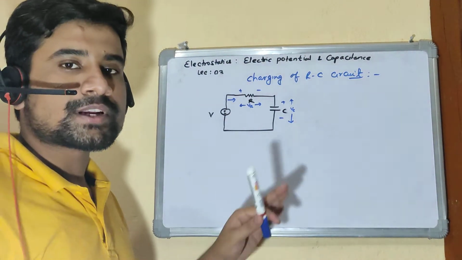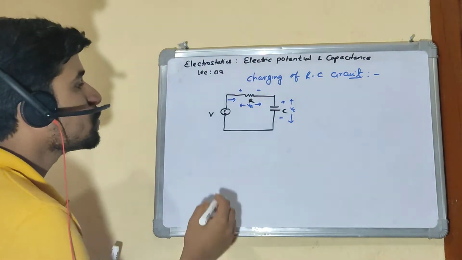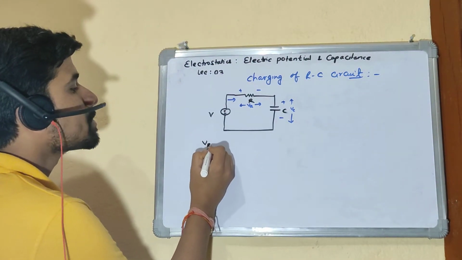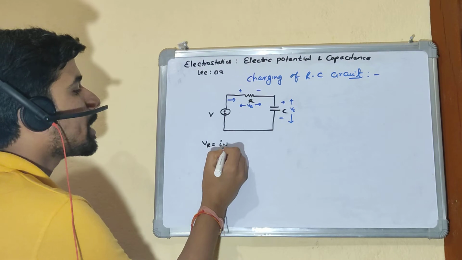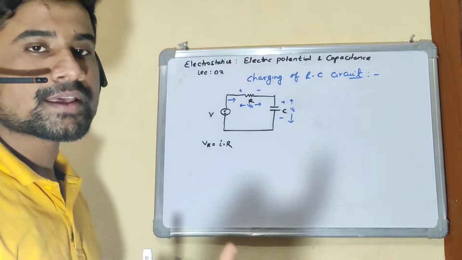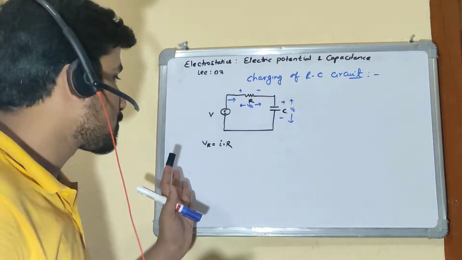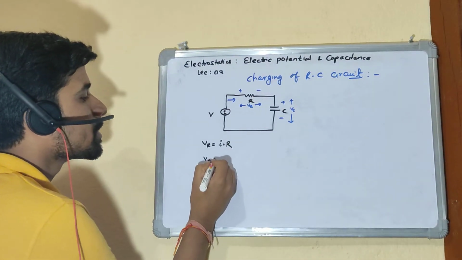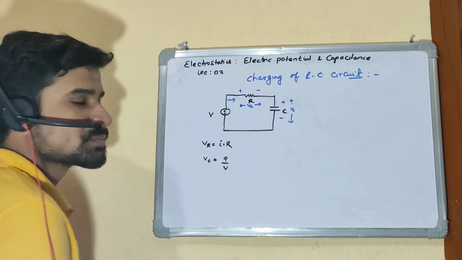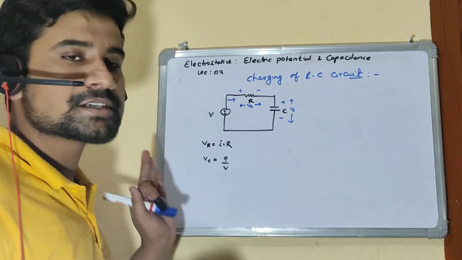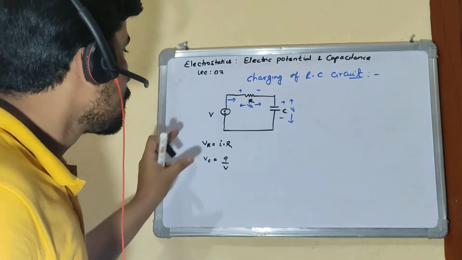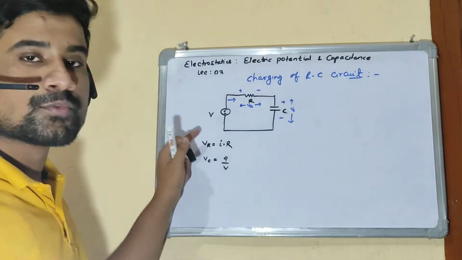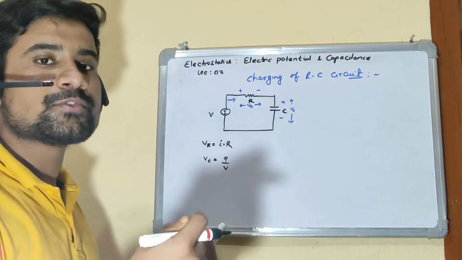Now let's calculate these voltages. Voltage across the resistor by Ohm's law will be I into R, since V is proportional to I. Voltage across the capacitor is nothing but Q by C. This V is the voltage of the battery, which is called EMF, which we will study later.